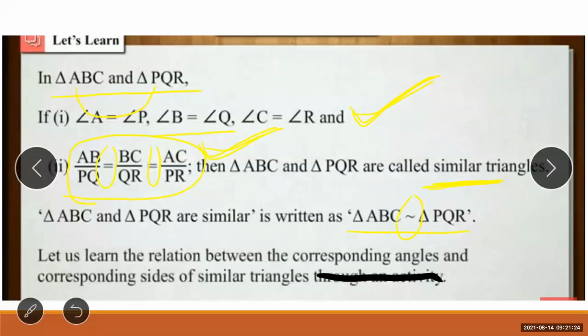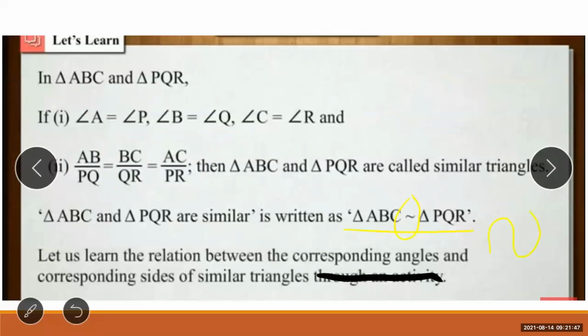And we can write the similarity with the symbol here: triangle ABC is similar to triangle PQR. When two triangles are given as similar, this is the way to write it. Triangle ABC similar to triangle PQR. I just told you before, this is the symbol of similarity.